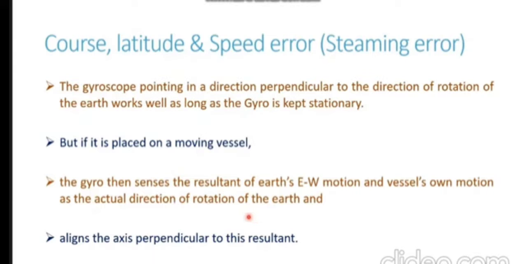It is basically the actual direction in which the gyro compass is being taken with respect to space, and then it aligns its axis perpendicular to this resultant. So this is the reason for generation of the steaming error. We will understand it from the diagrams also, where it will become more clear to you in the coming slides.